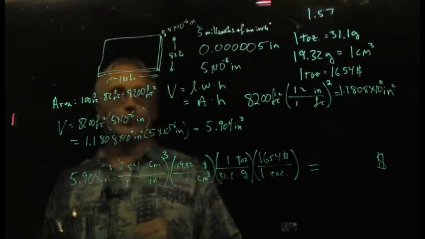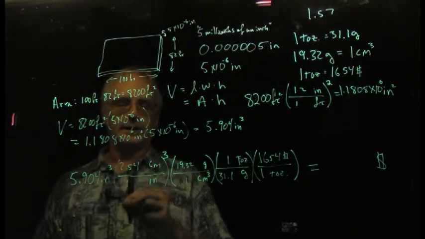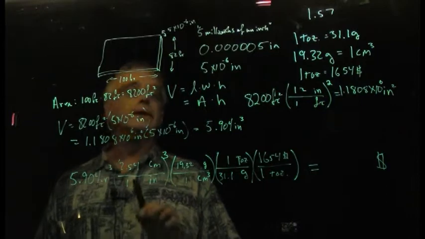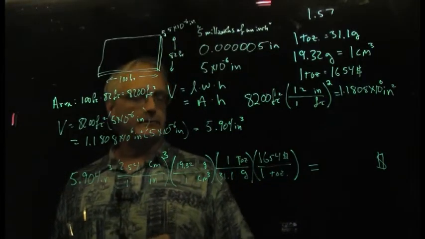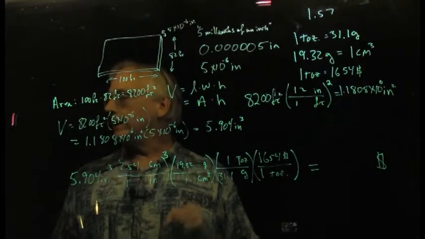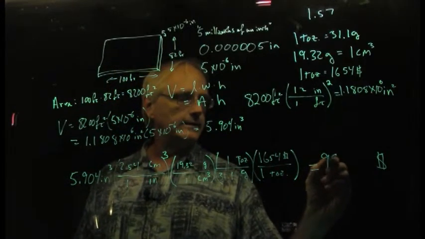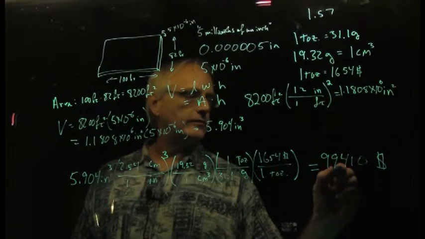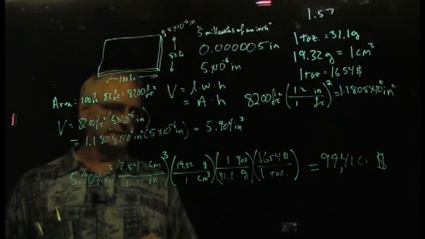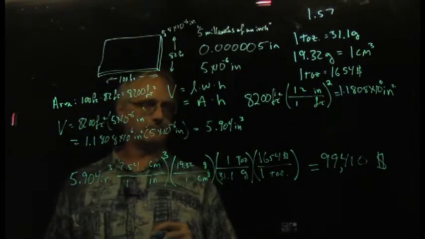And if I now punch all that out on my calculator, 5.904 times 2.54 cubed times 19.32 divided by 31.1 times 1654, my magic calculator gave me back $99,410. It's going to cost almost $100,000 to do this.